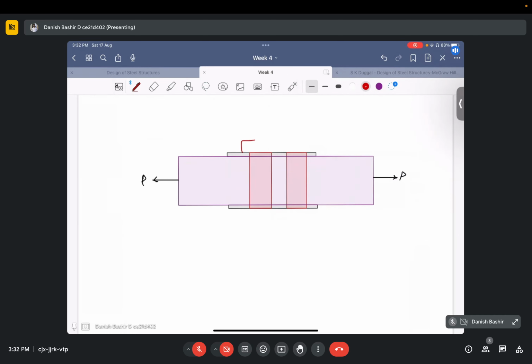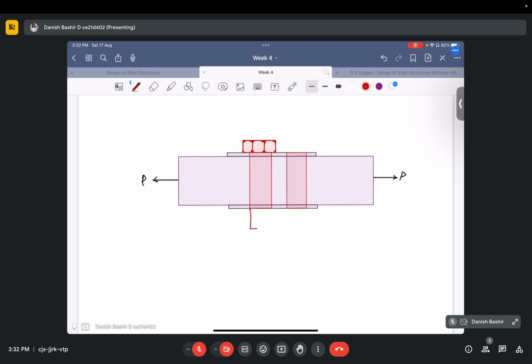So this is the bolt head, a little bit rounded, and we have another bolt head like this.